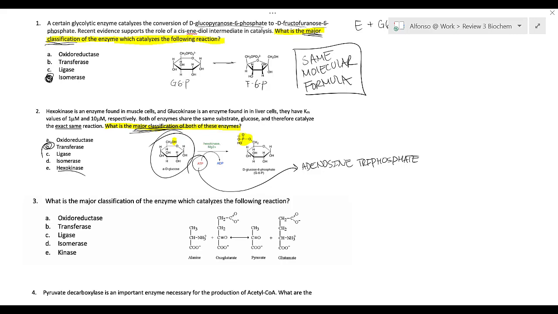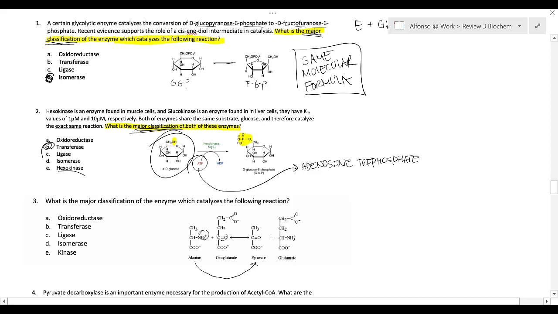If you'll see here, once alanine is turned into pyruvate, it loses this NH3 plus, and it is replaced with a C double bond O. And this oxoglutarate, look at this carbonyl right here. This carbonyl gained an NH3 plus.